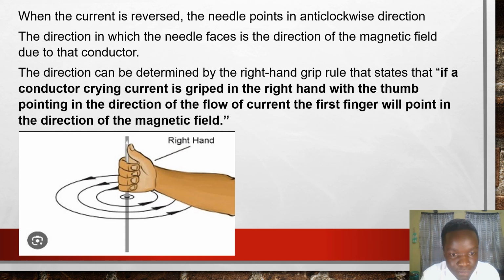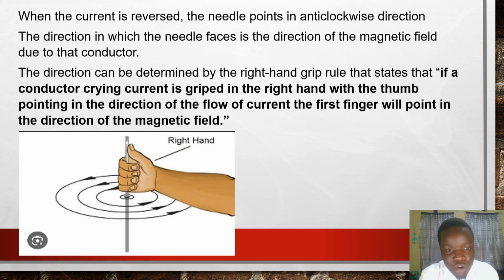As you can see, this is the right hand of a person, and the thumb is pointing upwards, meaning current is moving from downwards to upwards. Hence, the magnetic field is moving in this direction.